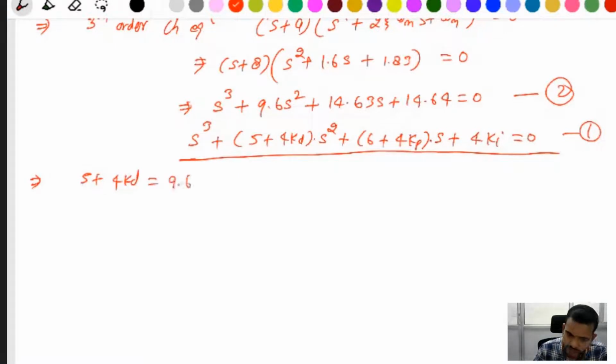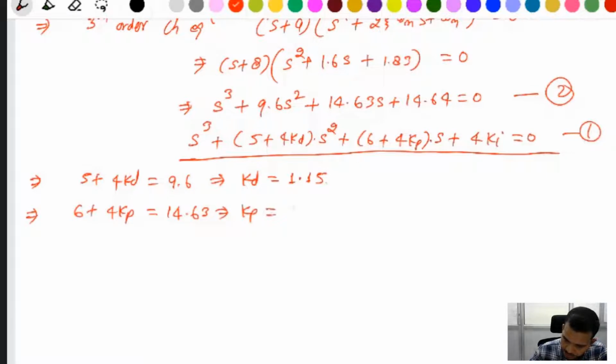We will get 5 plus 4 kD is equal to 9.6. Find the kD value here, I think 1.15. Second one, 6 plus 4 kP is equal to 14.63. Find the value of kP, 2.15. And third one, 4 ki is equal to 14.64.